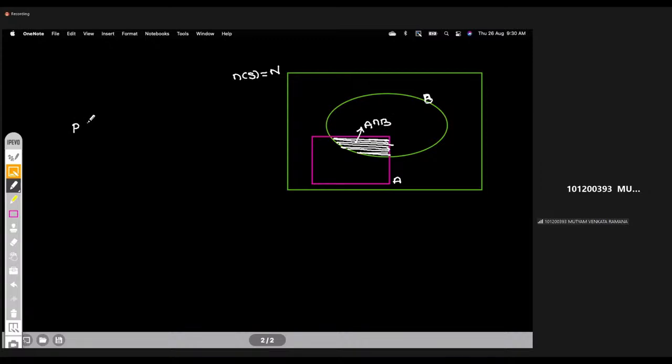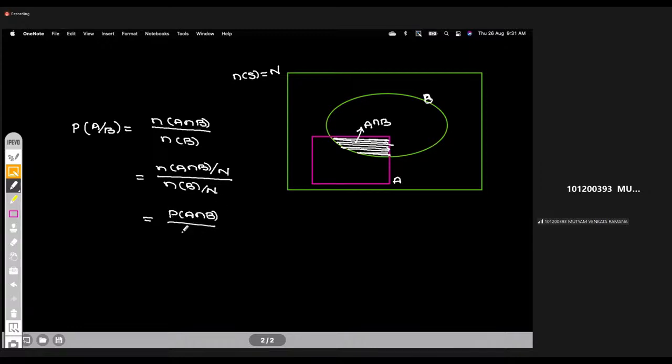Now probability of A, when we knew that B already occurred, is number of elements in A intersection B by number of elements in B, which is equal to number of elements in A intersection B by N, by number of elements in B by N. So which is equal to probability of A intersection B by probability of B. So this is what we will write.